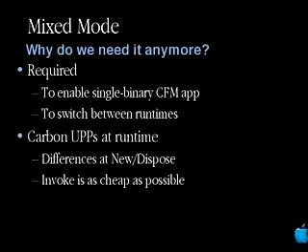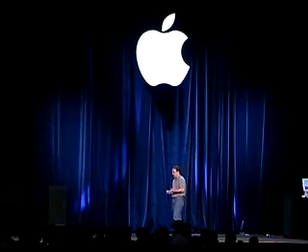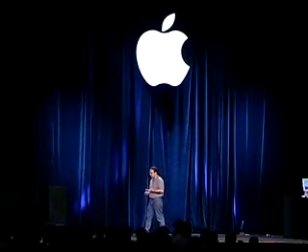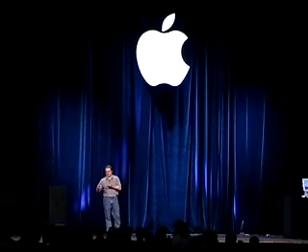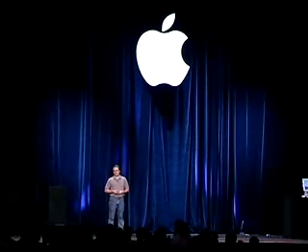This was because we had these two different runtimes to support, and this is key to having a single CFM application binary that can run on OS 8, 9, and 10. The differences come in when you do a New or a Dispose UPP. That's when we take into account the differences in how you pass code addresses around. At invoke time, it's essentially the same.